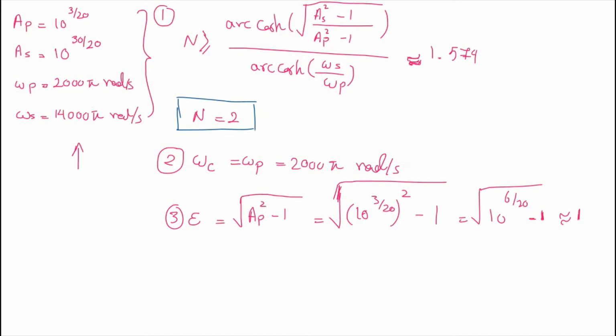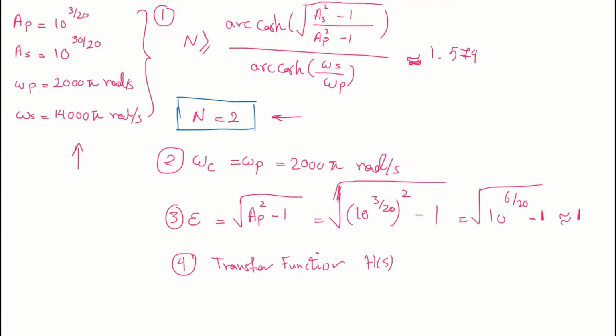Okay, and the last step is finding the transfer function. Again, for this case, I give the general form for the Chebyshev Type I filter, and then we need the second order form.